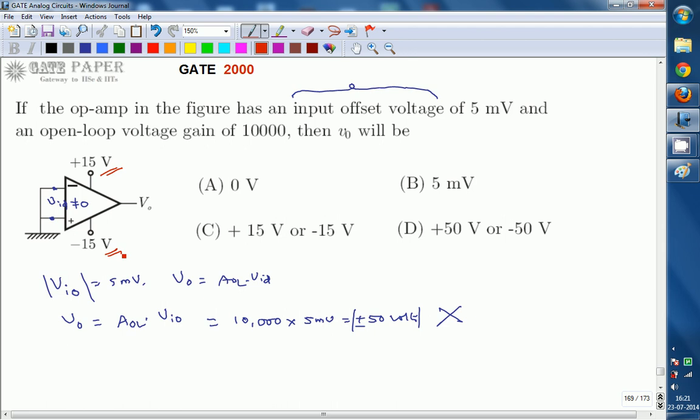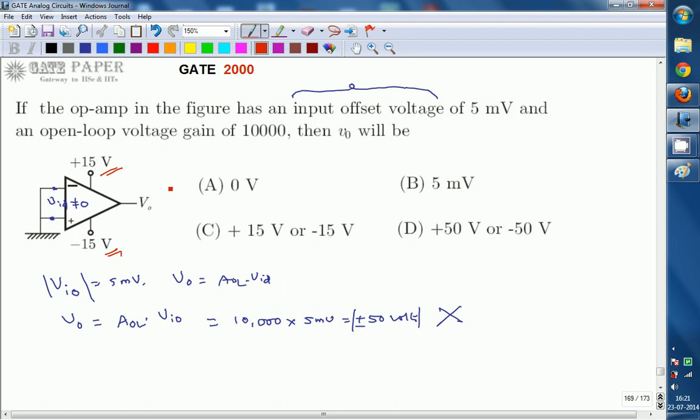So the output can reach at most plus 15 or minus 15. It cannot reach more than that. Otherwise you could apply any input to get any required output voltage, which is opposite to the law of conservation. So you cannot say that.